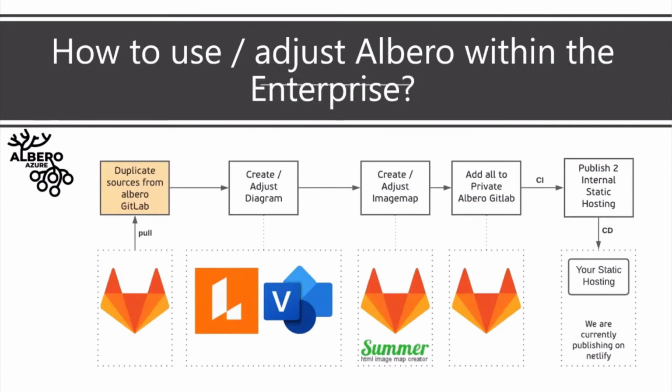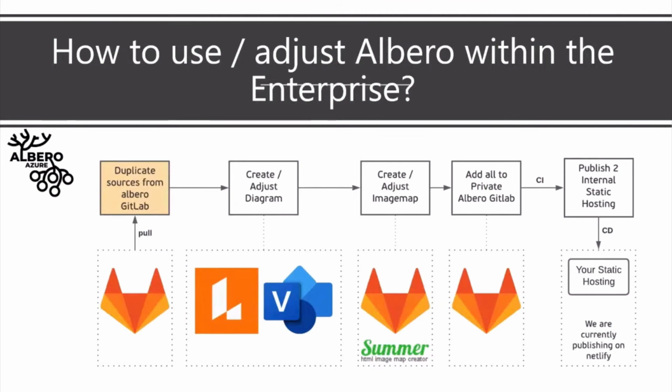Once it's adjusted, we use the HTML map creator to adjust the image map, because all of these components are backed by links to the docs, and those can be adjusted. For example, you can change the links to the official Microsoft docs into links for your internal resources, whatever, right? Then you add all of this to your private GitLab, and adjust the CI/CD.